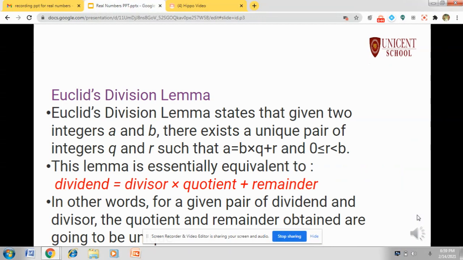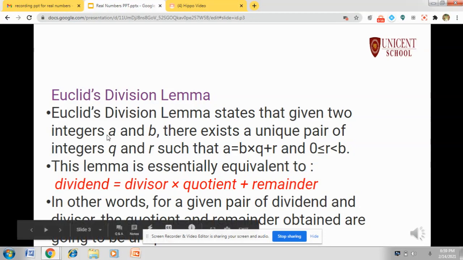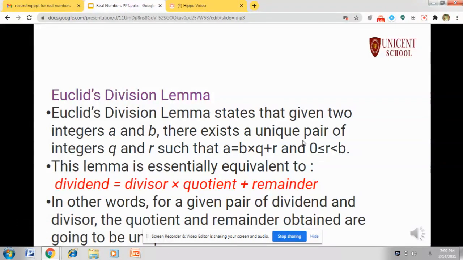In this chapter, you will learn about Euclid's division lemma. Euclid's division lemma states that given two integers a and b, there exists a unique pair of integers q and r such that a equals b times q plus r, where a and b are the given integers, q is the quotient, and r is the remainder.